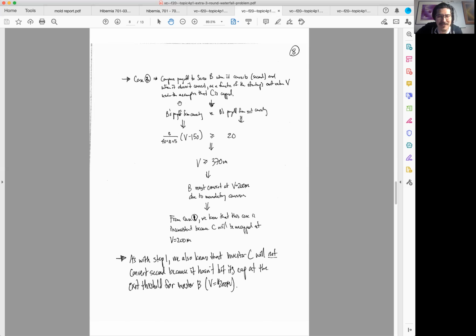Because not converting gives you the benefit of both. It gives you liquidation preference and it gives you the share. So we know for a fact that Series C is not going second. You could do the math to validate the statement I made, but once you do the math, you'll see like, oh yeah, it was a no-brainer. Are we okay with this?